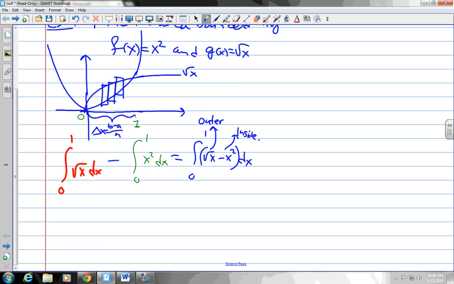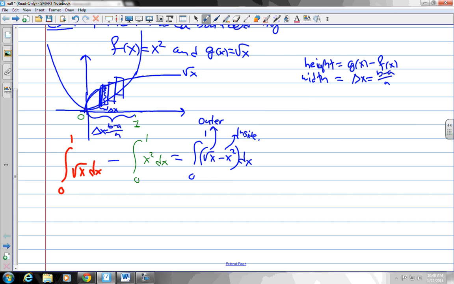So what is the area of one of these rectangles? This side is delta x, right? What is the length of that side? Well, it's the square root minus x squared. In our case, the height was g of x minus f of x, and the width is delta x, given by b minus a over n.